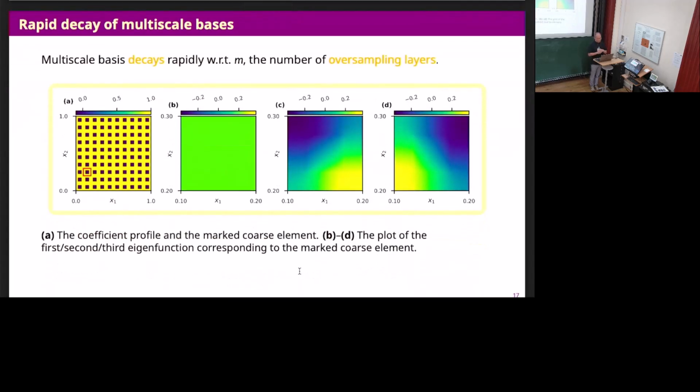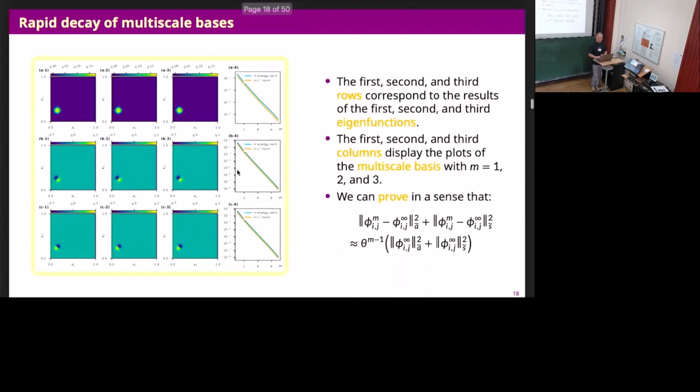So next, the motivation of finding the basis function in that way is that the multiscale bases have some nice decay property. Here we illustrate this using this figure. This is the coefficient sigma, and we consider this coarse element. In these three figures, we show the first three eigenfunctions. Next we will see the image of the basis function.